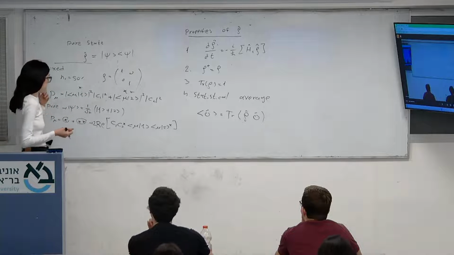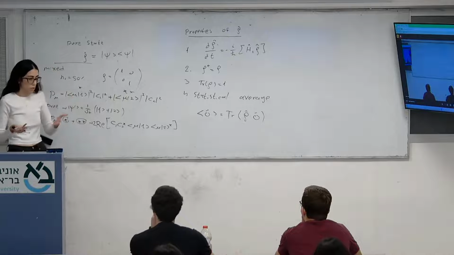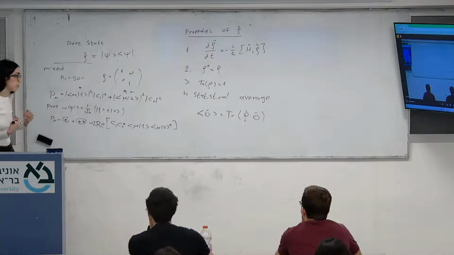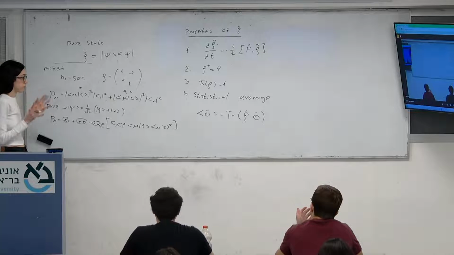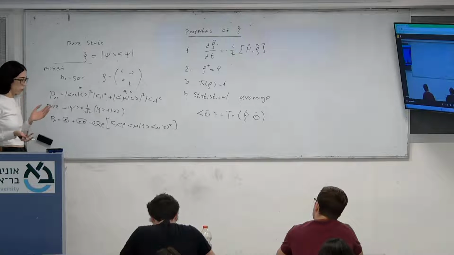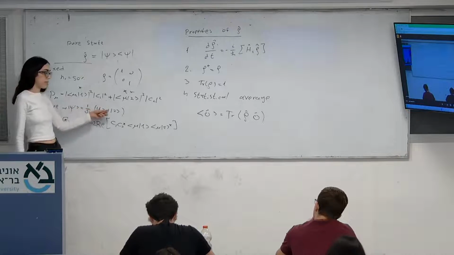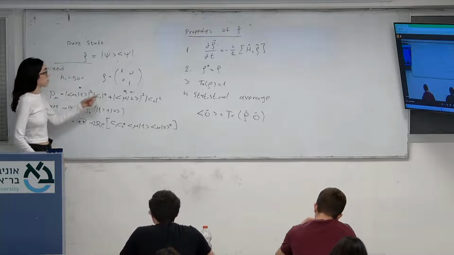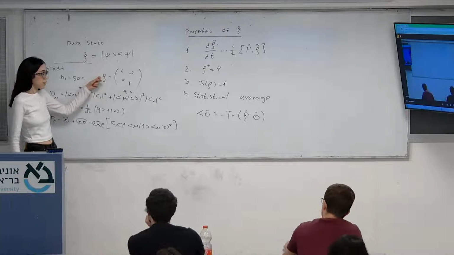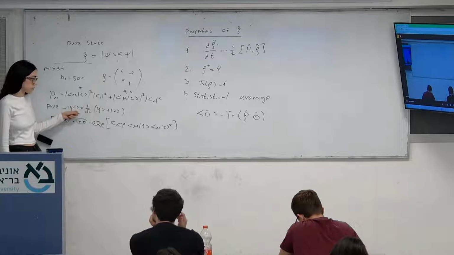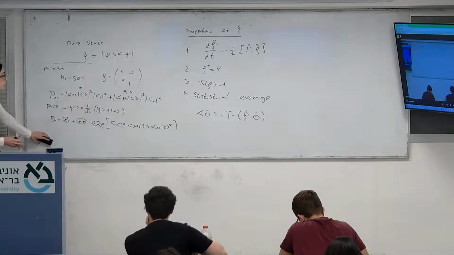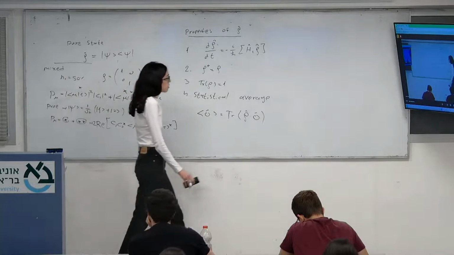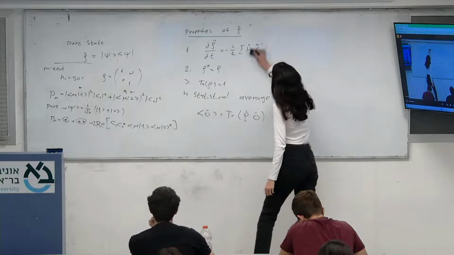But the point is that in the case of a mixed state, I'm just talking about classical probability, and a pure state is just a regular wave function that we know from regular quantum mechanics. So I can always define a matrix using this wave function, but I don't have to. So this is just for pure state and mixed state. So let's have an example.